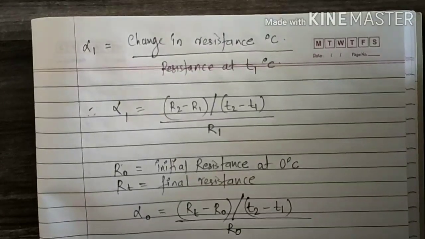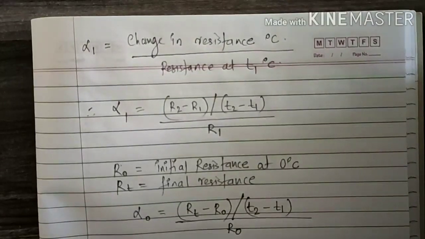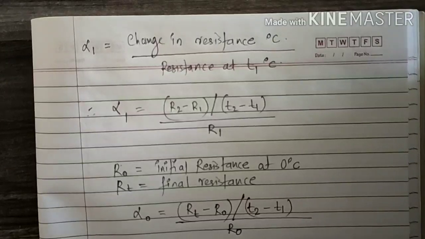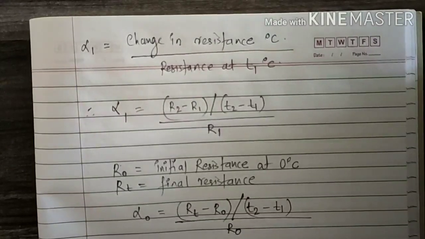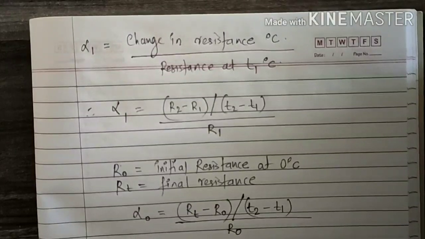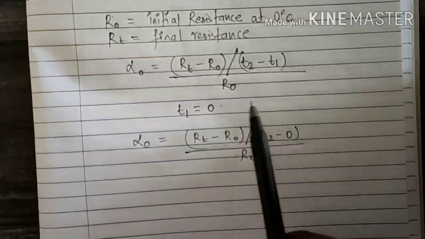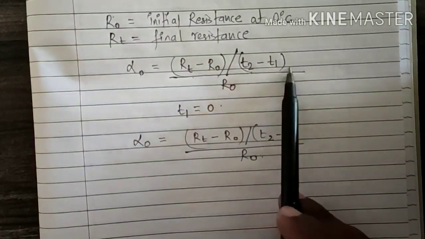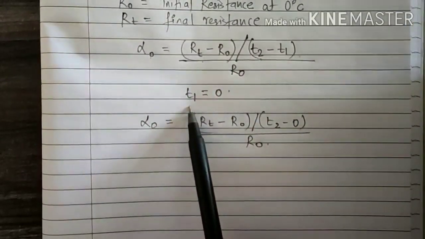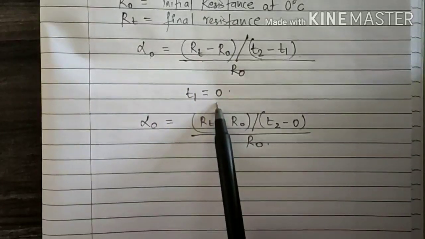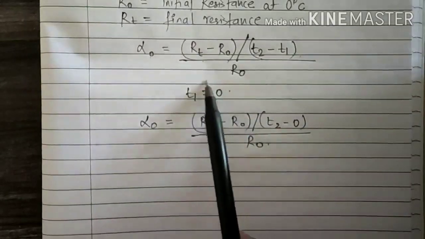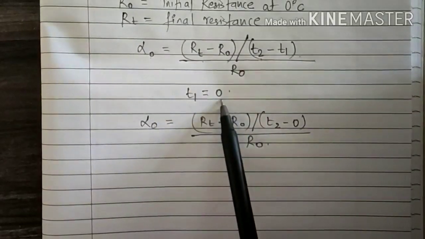So what will be my alpha 0? RT minus R0 divided by T2 minus 0, T1 is 0, upon R0. Initially my temperature is 0, that's why I have taken T1 as 0.